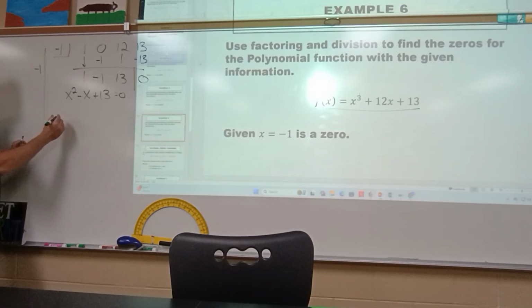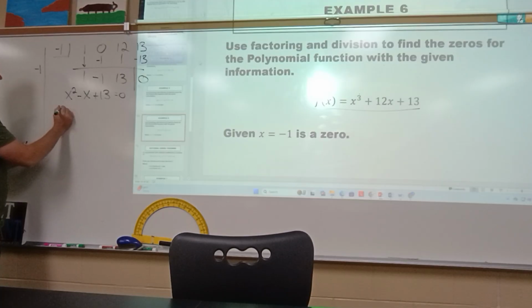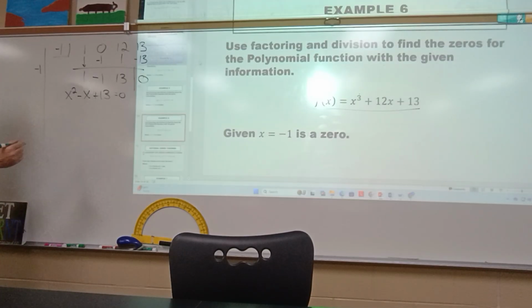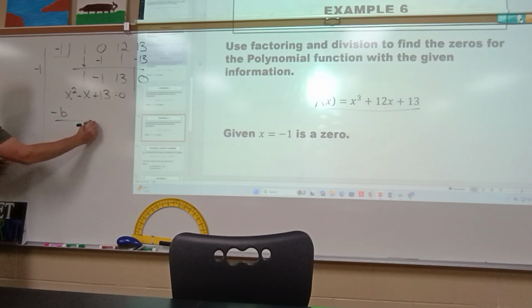The quadratic equation. I got to do my negative b plus or minus square root of b squared minus 4ac all over 2a, right? Side note, how do I find the x of a vertex? Isn't it negative b over 2a? Do you realize the first part of the quadratic is negative b over 2a?